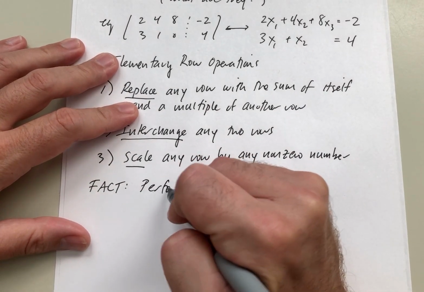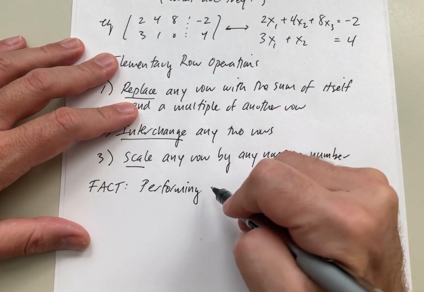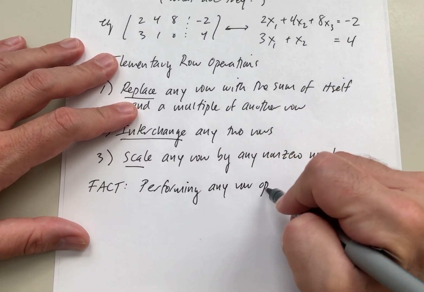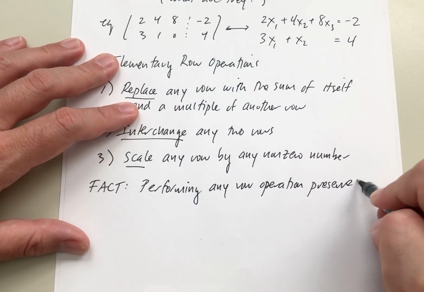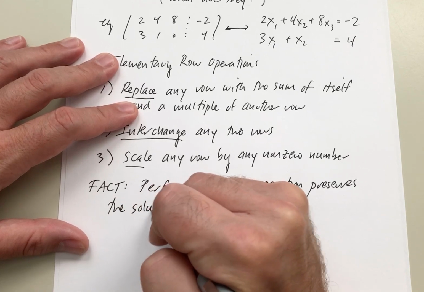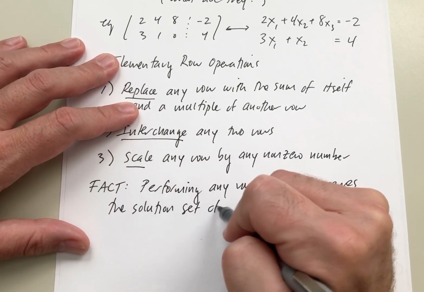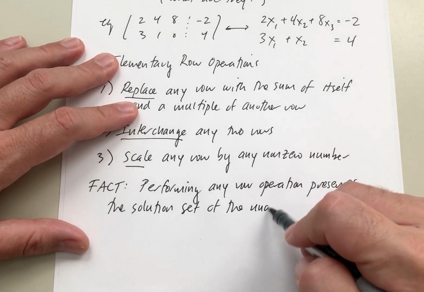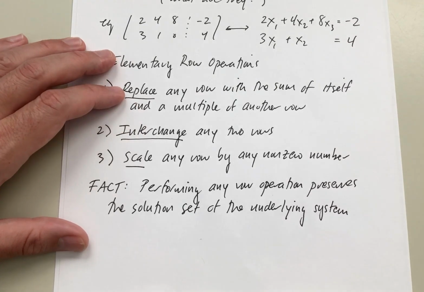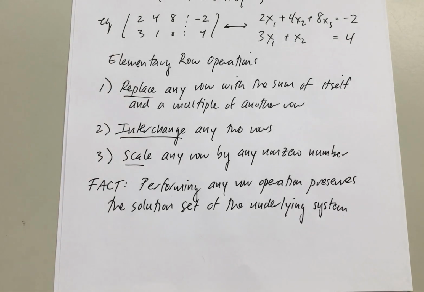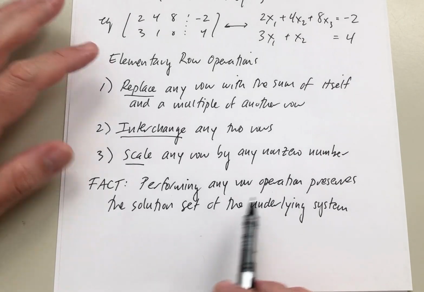So performing any row operation preserves the solution set of the underlying system. In particular, if you gave me a system that had no solution, the new one would have no solution. If you gave me a system that had 1, 5, minus 2 as a solution, the new one would also have that solution.